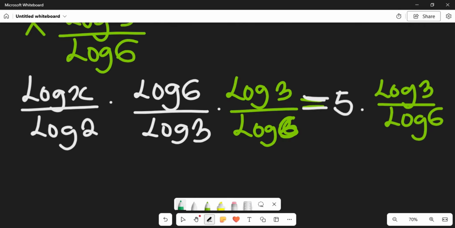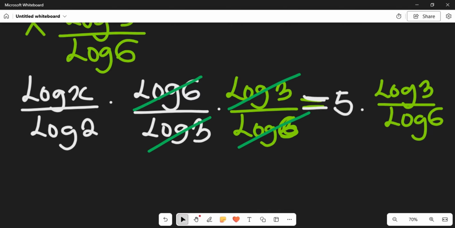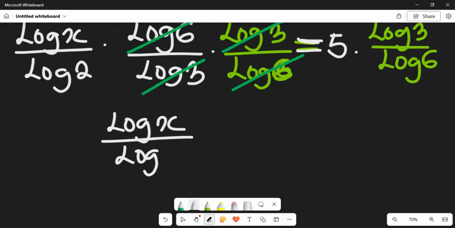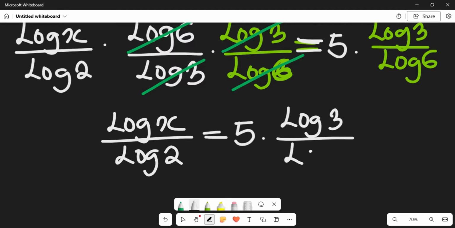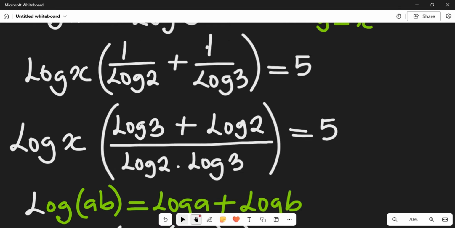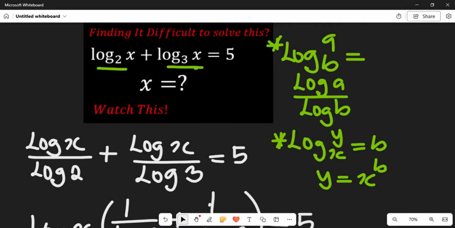Great. Now from this you can see that log 6 cancels out log 6, and log 3 cancels out log 3. So that simplifies the expression to log x divided by log 2, and this will be equal to 5 multiplied by log 3 divided by log 6. Now recall that initial logarithm expression I drew your attention to from the beginning, the first log expression.